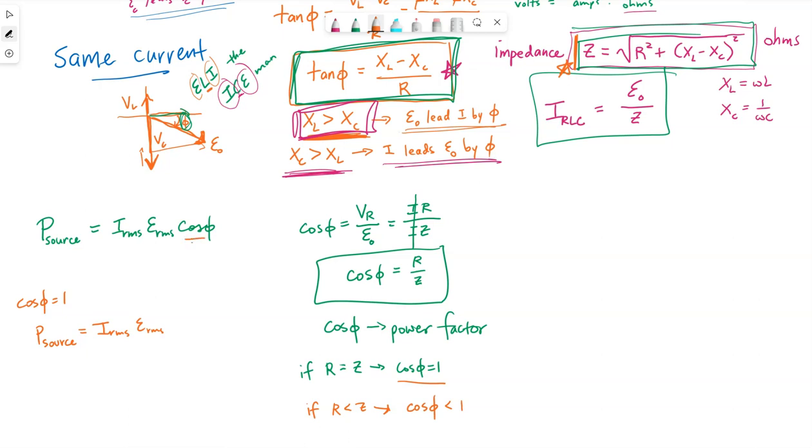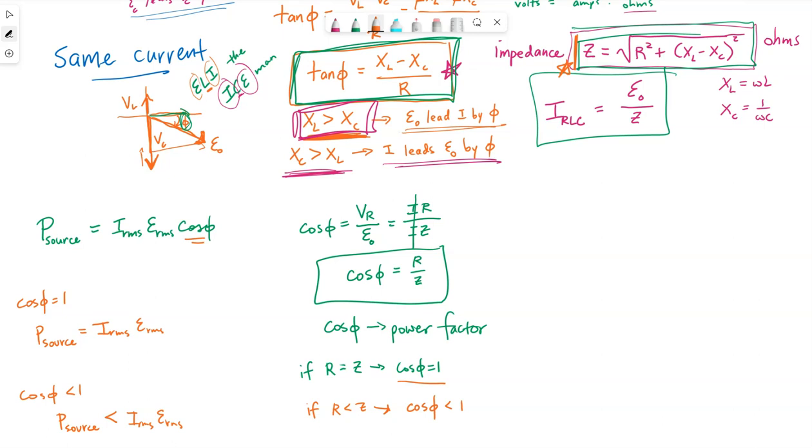So coming over to this power, if the cosine of phi is less than 1, then the power put into the circuit by the source is smaller than IRMS times ERMS.